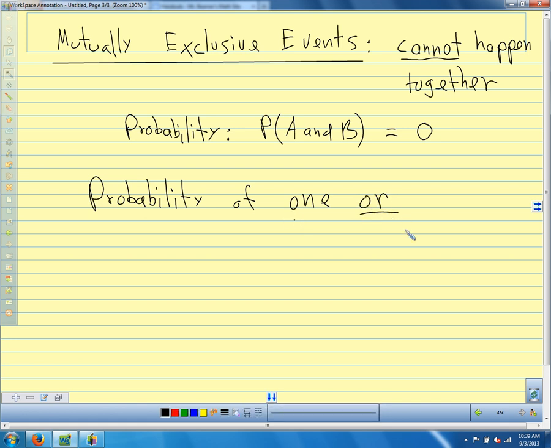It can't happen together at the same time. So the probability of one or the other means we add.